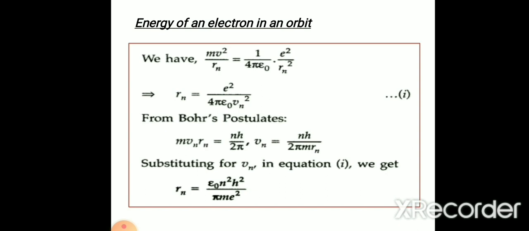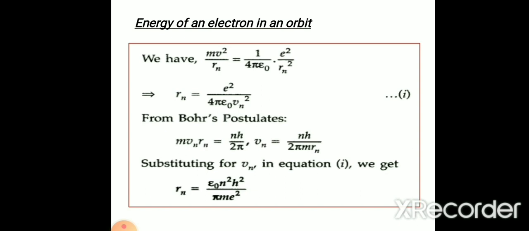So mv square by rn, where rn denotes the radius of the nth orbit, must be equivalent to 1 by 4 pi epsilon naught e square divided by rn square, where e square is equivalent to e into e, that is charge of an electron into charge of a proton.